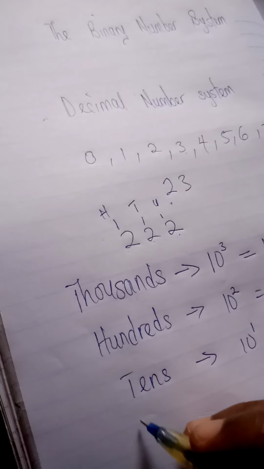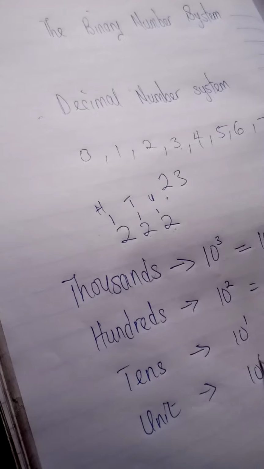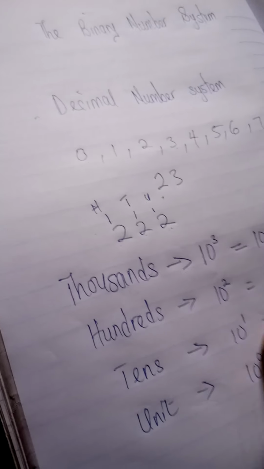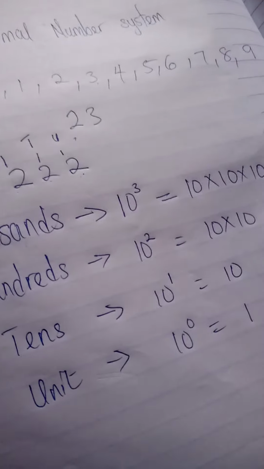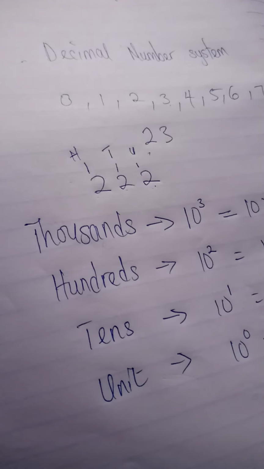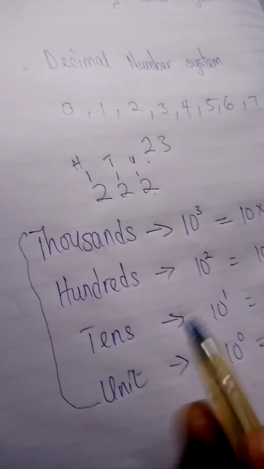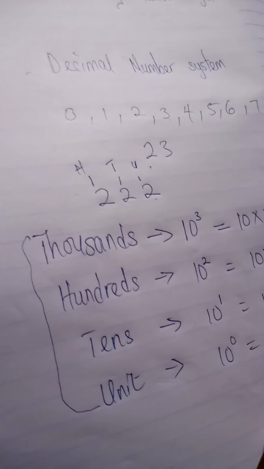And lastly, we have units, which is 10 raised to power 0, which is 1. Anything raised to power 0, as stated in the indices, is what? 1.